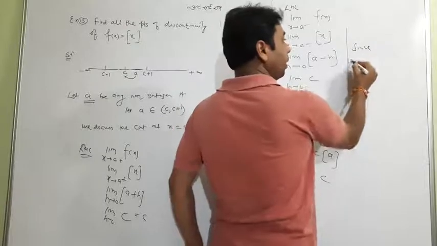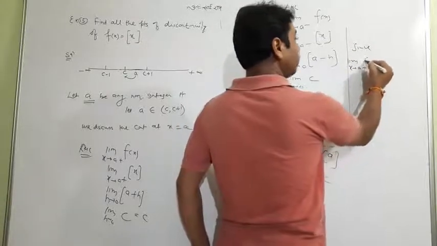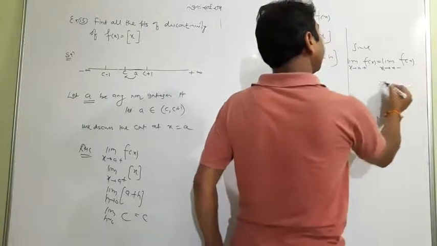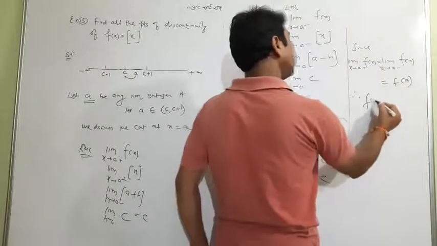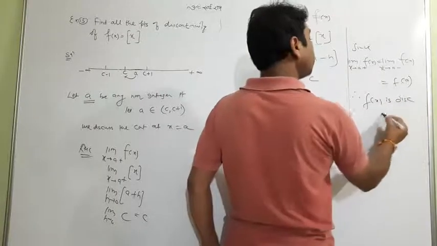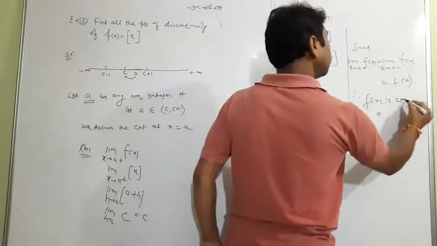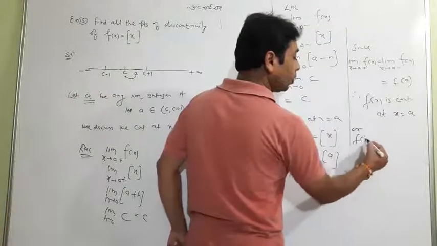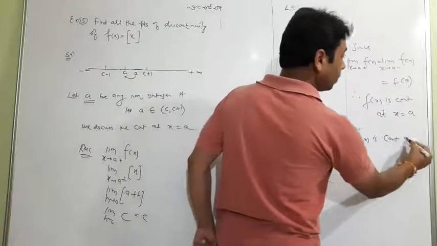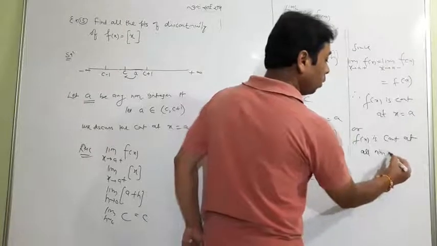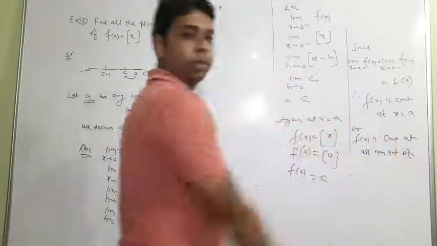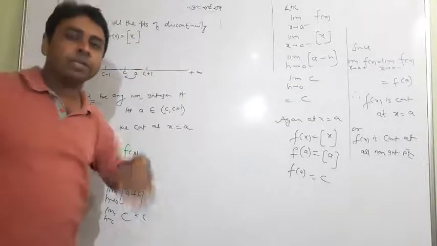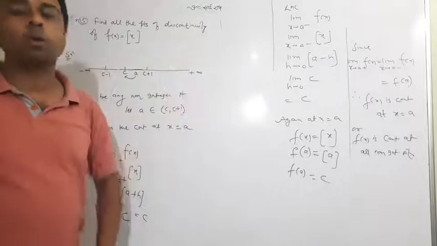Lastly you will write: since limit x tends to a plus, limit x tends to a minus, and f of a are all the same, function is continuous at x equal to a, or we can say that function is continuous at all non-integer points. So the final conclusion is that the greatest integer function is always discontinuous at integer points and always continuous at all non-integer points.